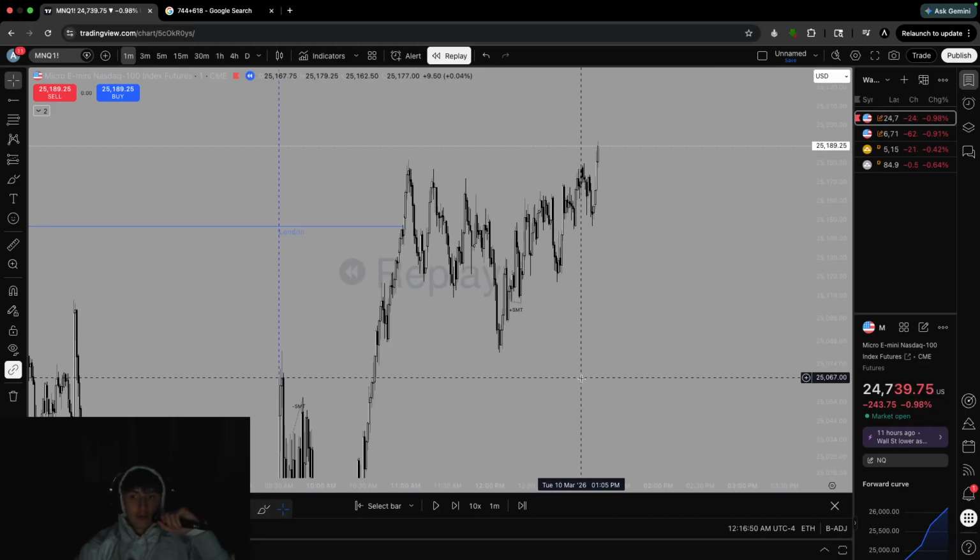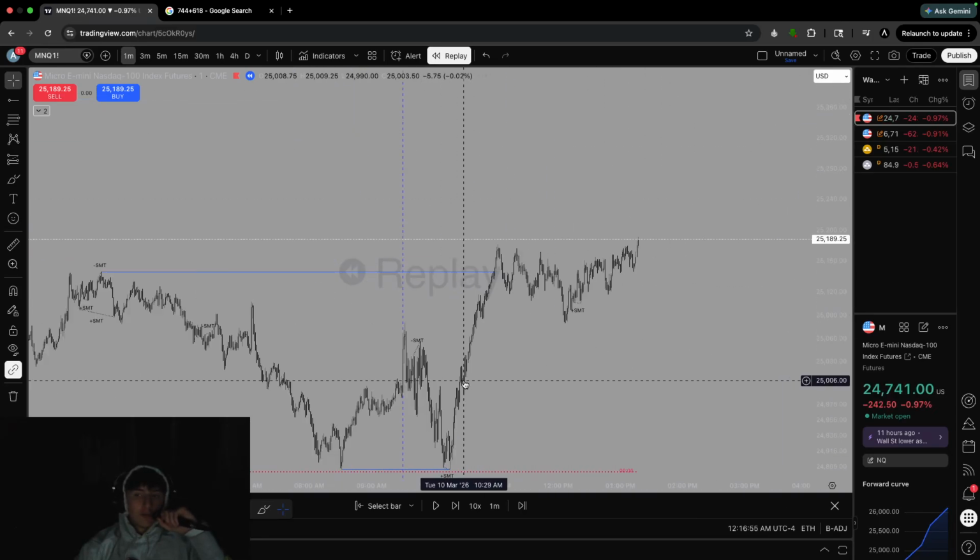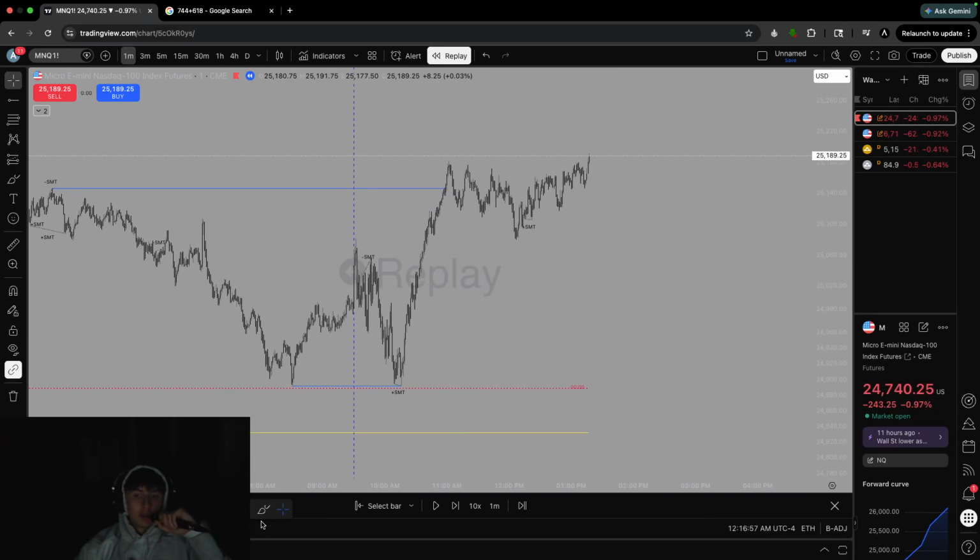A little bit of a downtrend. It was just a retracement in the overall uptrend, though. That's what it turned out to be. Look at this.